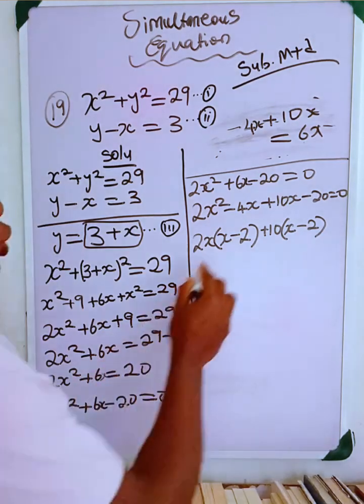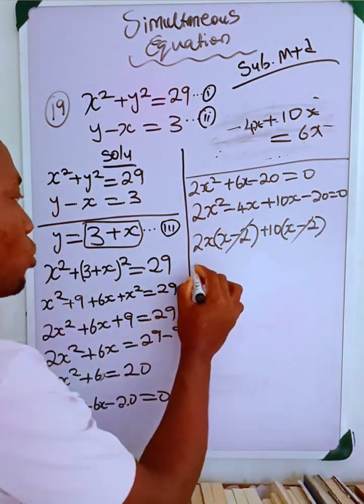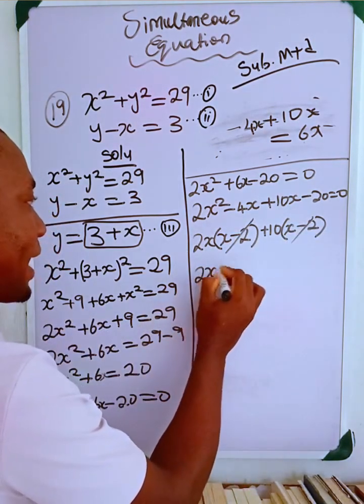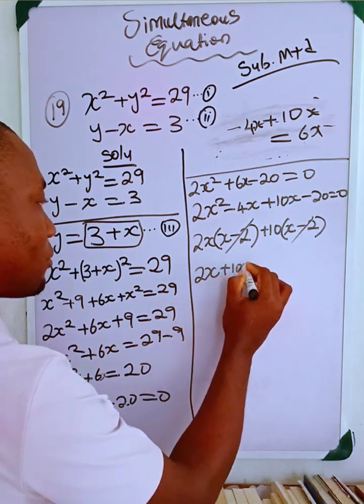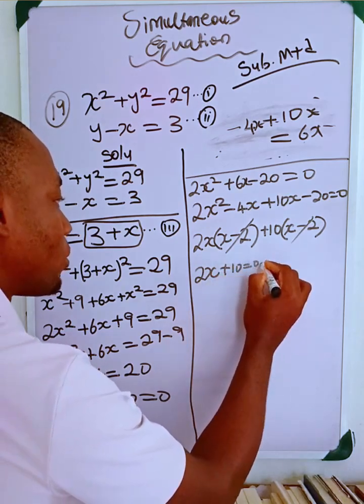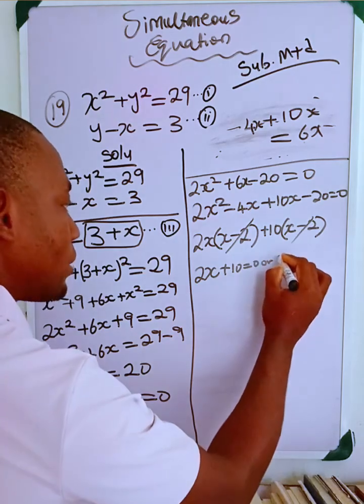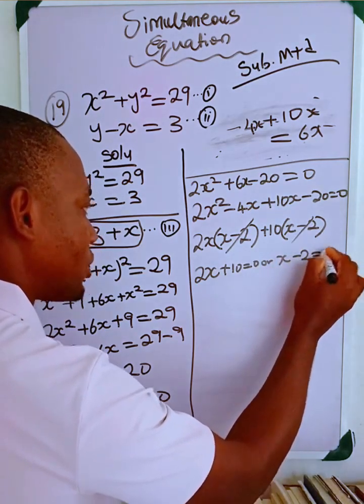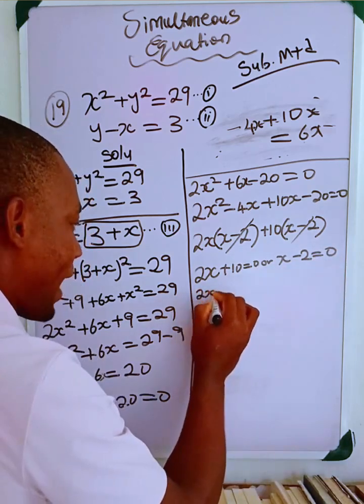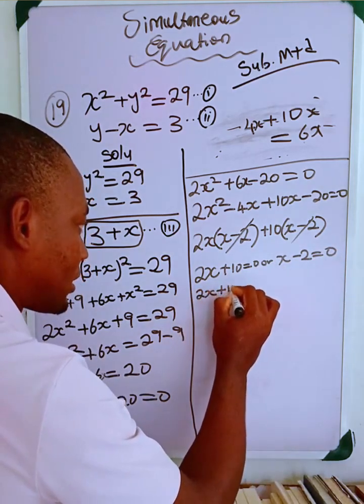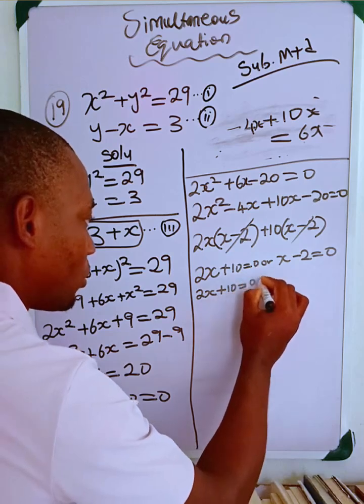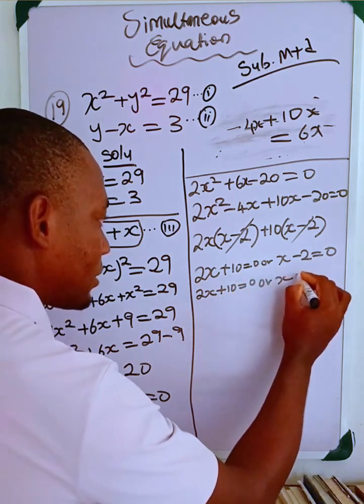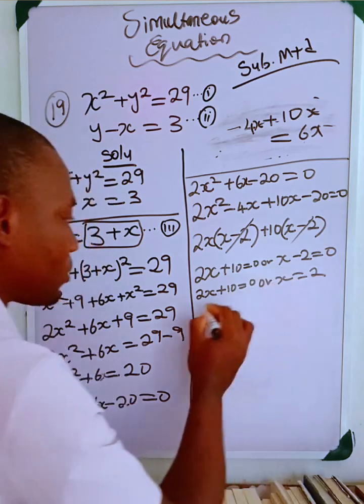Are you following? So we are going to take one of the brackets. We will now have 2x plus 10 equals 0, or x minus 2 equals 0.